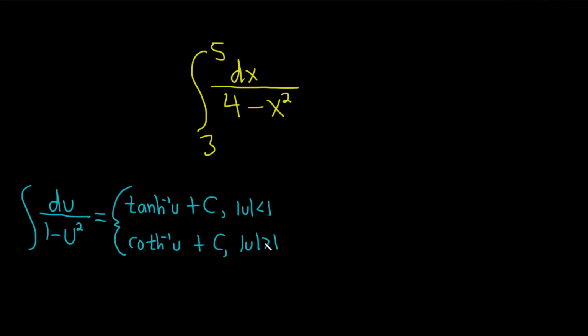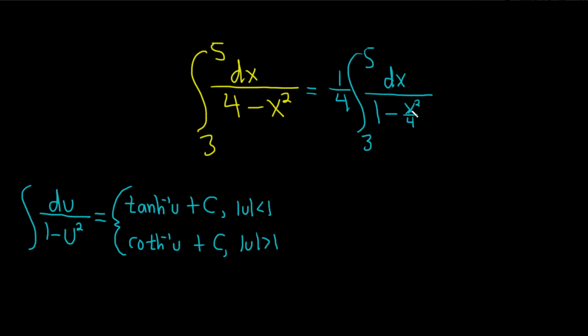So our goal now is to take this integral and make it look like this one so that we can decide which formula to use. So first note this 4 is a problem because this is a 1 here. So we can pull the 4 out from the bottom and basically write it as a 1/4 on the outside. And so we're going from 3 to 5 dx over 1 minus, and if you pull out a 4 from the x squared, it's x squared over 4.